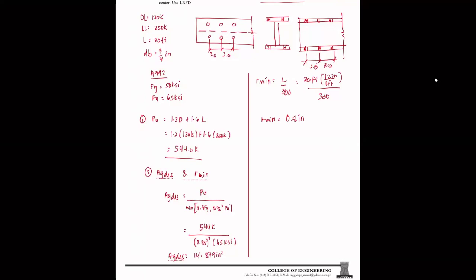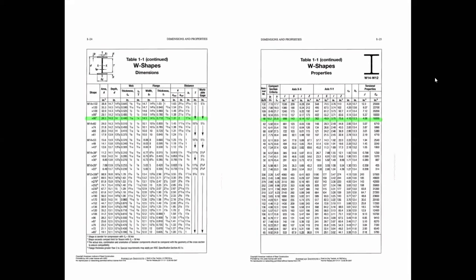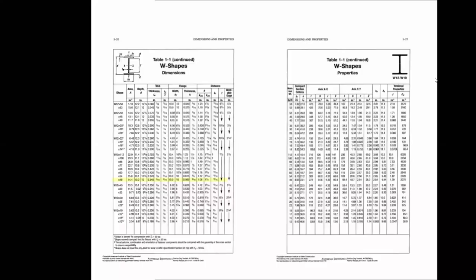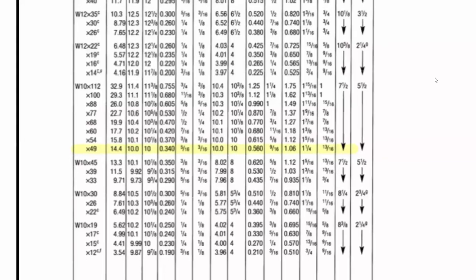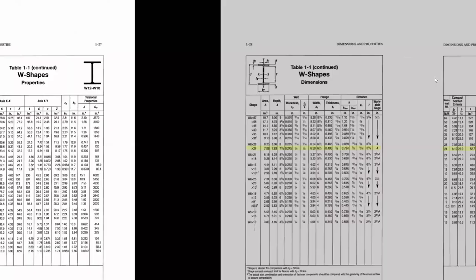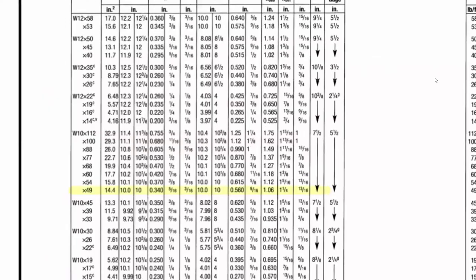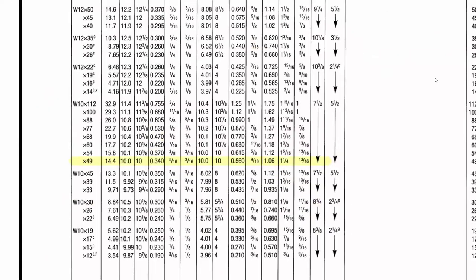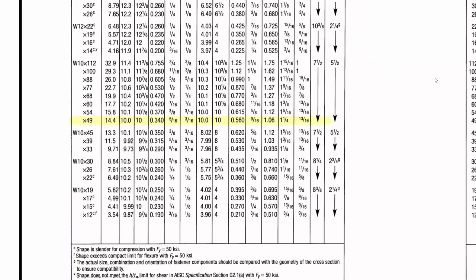Looking at our shapes for W, W10 is here. Starting from the bottom, that is 14.689, so the area must be more than 14.879. Area is the second column.